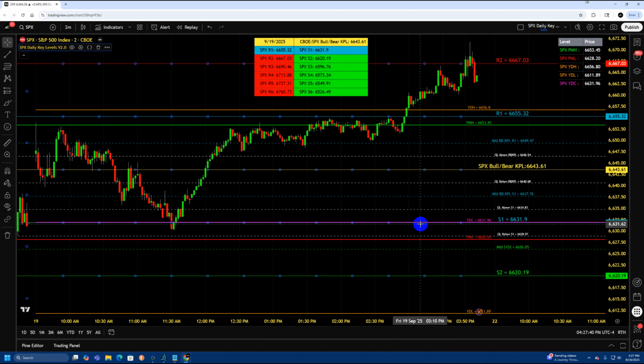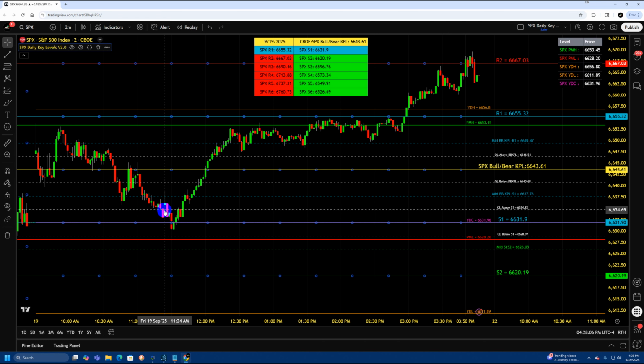If you were taking a bearish play off of here, then you are taking a tight stop loss here, QL above the level. Your standard stop loss would be the first midpoint above the level that you're taking the entry from. In this case, it would be mid BBKPL S1.